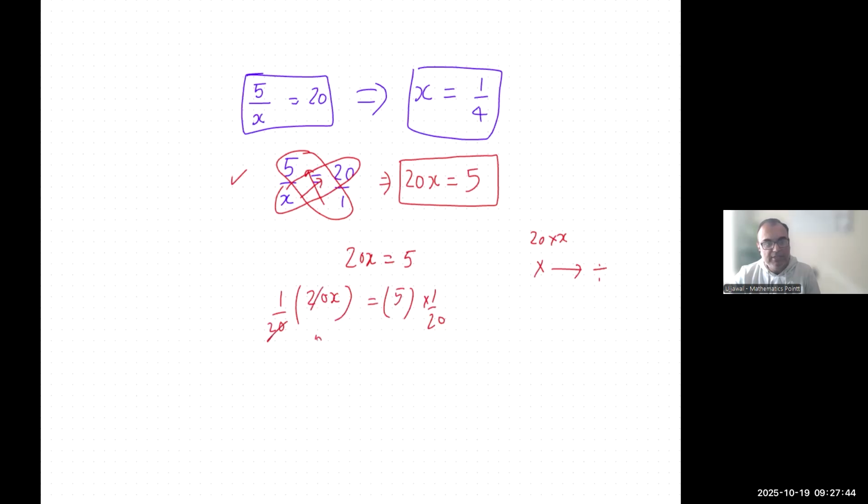And what you're left with is x equals to 5 over 20. And the simplified version is 1 over 4. 99% don't know this. All right. That's the trick from my hat. And that's what you're here for, right? So silently and patiently just hear me out, okay?